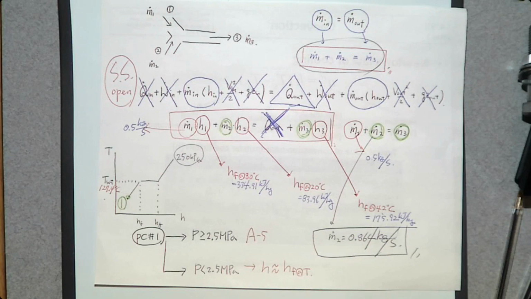That's what we did for nozzle, diffuser, turbine, compressor, throttling valve, now heat exchanger, and now mixing chamber.